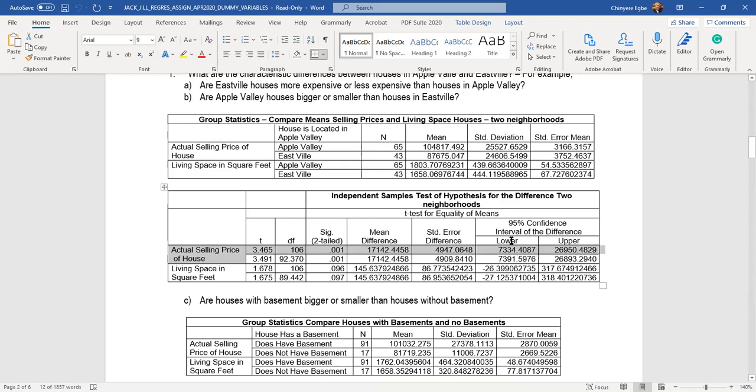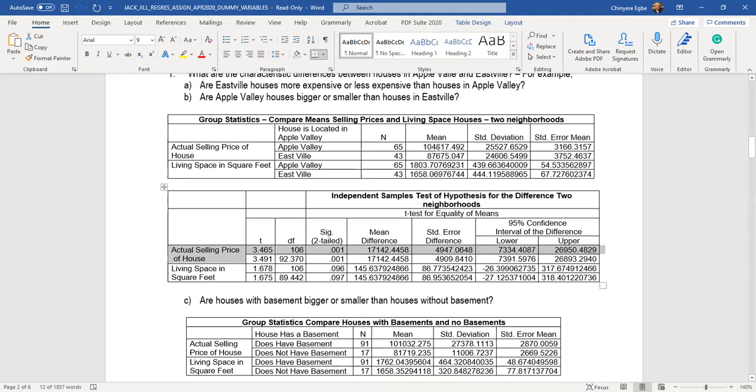If you use this confidence interval, you can see the confidence interval shows positive, the lower and upper level. So you reject the null hypothesis of no difference, which means you conclude that there is a difference, because you're rejecting the null hypothesis that there is no difference.